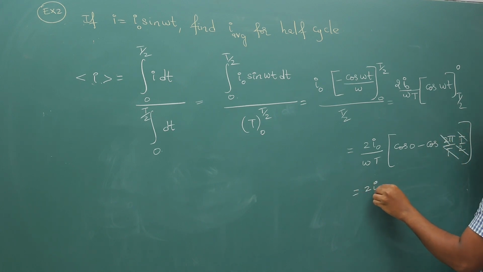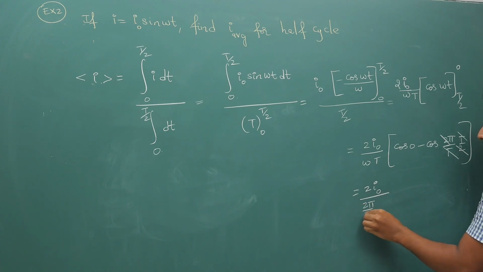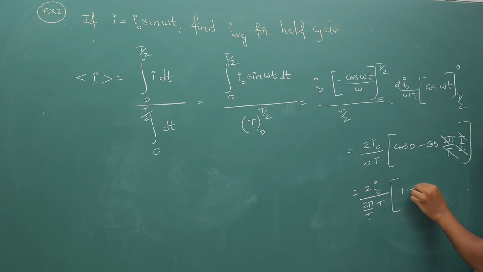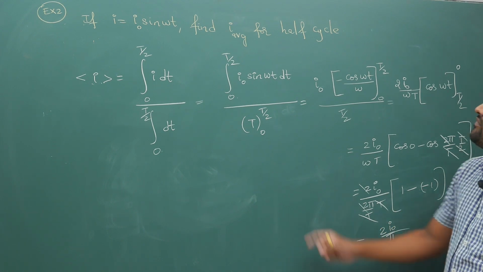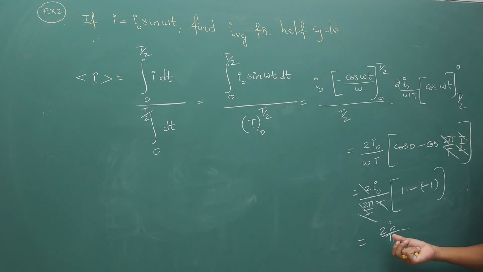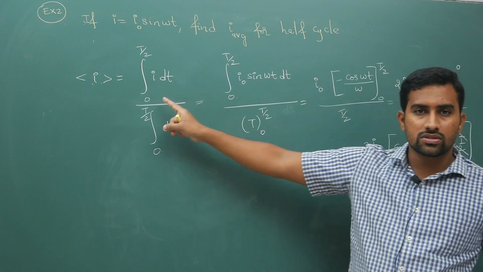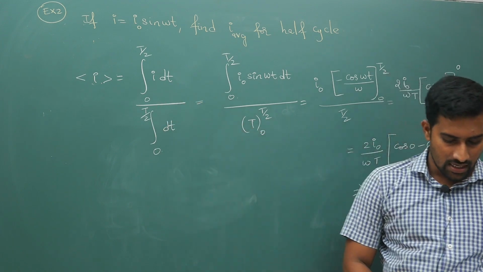So 2 I naught by omega is 2 pi by capital T into T, minus cos 0 is 1, 1 minus minus 1. T will cancel off, 2 will cancel off. So finally it is 2 I naught by pi. So for half cycle the average value of sine is becoming 2 I naught by pi. So you have to stick to this basic definition to get the answers.